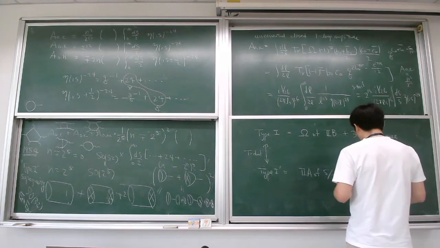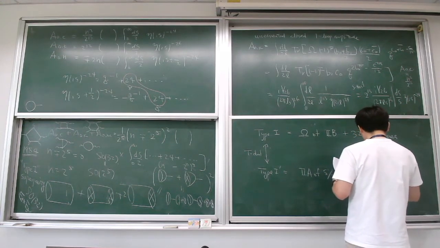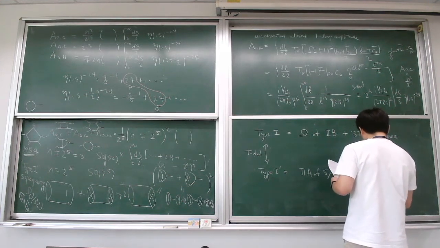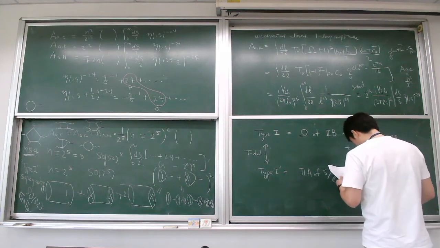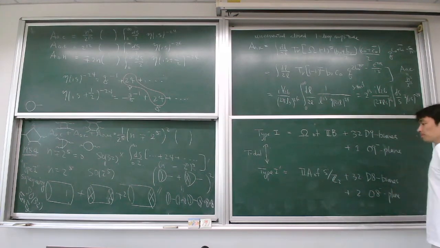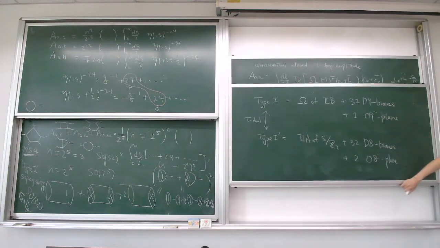And now we have 32 D8 planes and 2 O8 planes. So that's what we are going to see. So that's called type 1 prime.